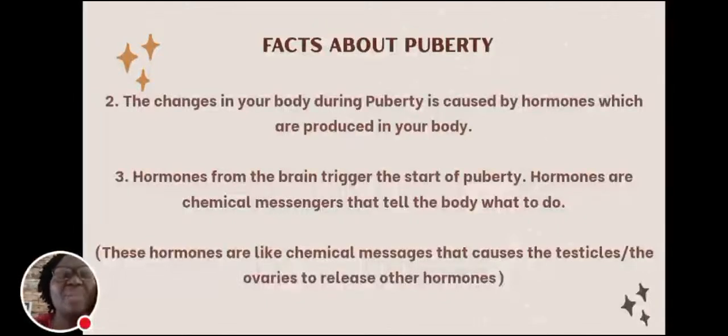Number two, the changes in your body during puberty are caused by hormones which are produced in your body. These changes that will take place in your body when you get to puberty are caused by hormones. And number three, hormones from the brain trigger the start of puberty.